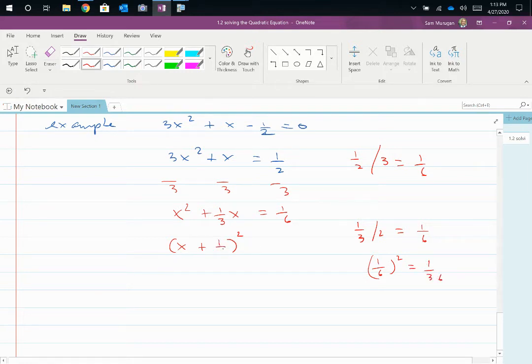So this is 1 over 6, and this is 1 over 6 plus 1 over 36. Remember that part goes in the right hand side, and the half part goes into the parenthesis.